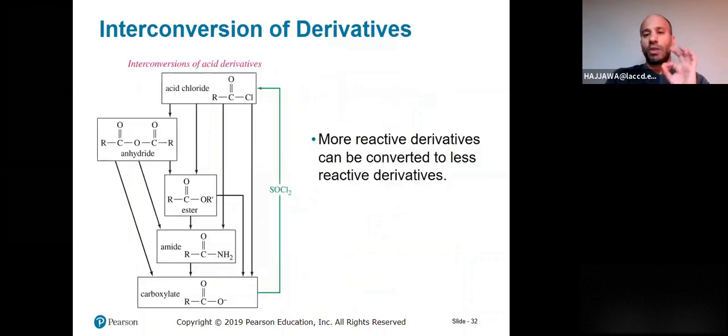And this is the first part that will be discussed in this chapter. The following part, we will be discussing reactions of those acid derivatives. So for every single group of acid derivatives, we will look at the method of prep and reactions of that acid derivative leading to other useful compounds.